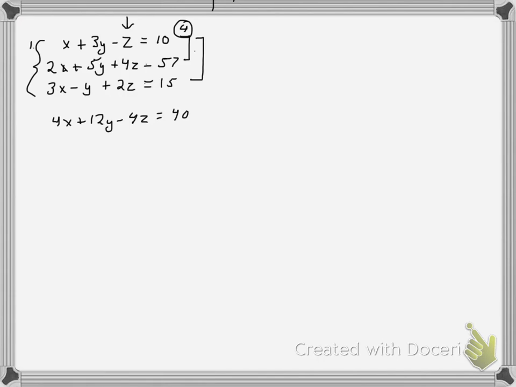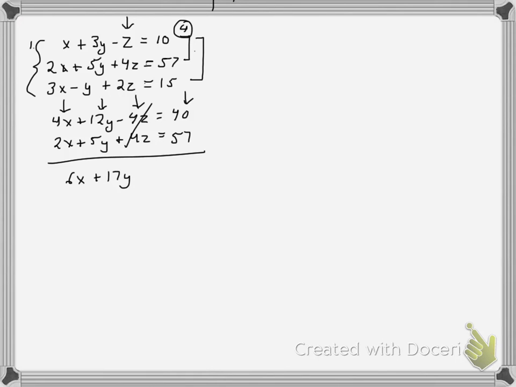The next line does not need any multiplication: 2x plus 5y plus 4z equals 57. We're adding straight down, recall? And this will be 6x plus 17y.